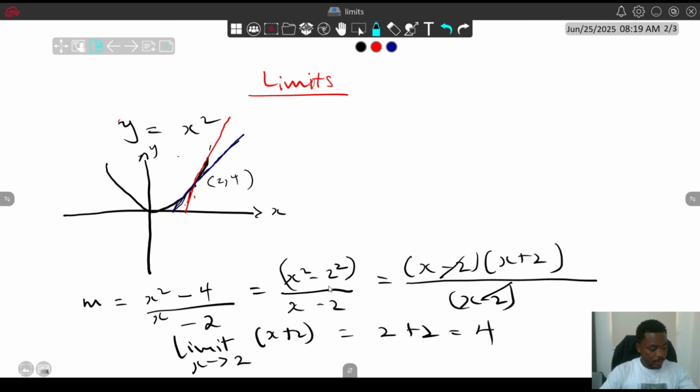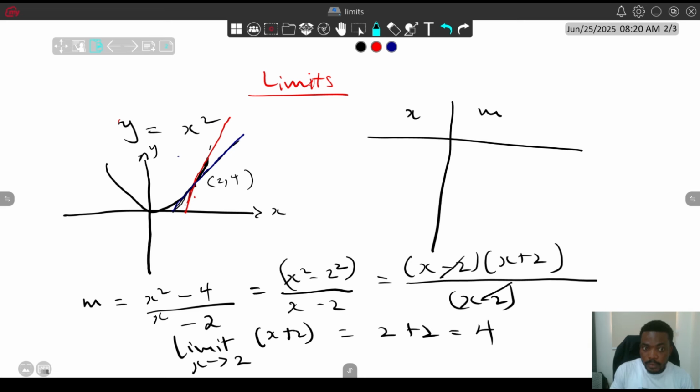Okay, all right. So let's consider a set of points. Let's consider, say, a point x and then their gradient on the curve. Okay, so we are going to consider a set of points 0, 1.5, 1.9, 1.99, 1.999.